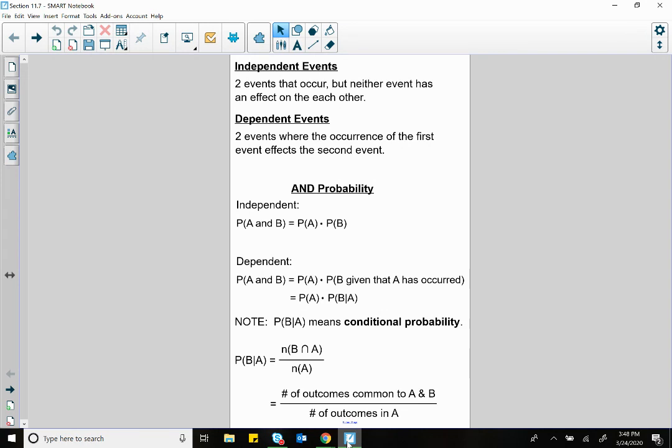When I then went to Natalia, there were no longer 52 cards left. There were 51 cards. So you can see that the first event of Olivia drawing a card affected the second event, because Natalia didn't have the same opportunity. Okay. So dependent events is where the first event affects the second one.